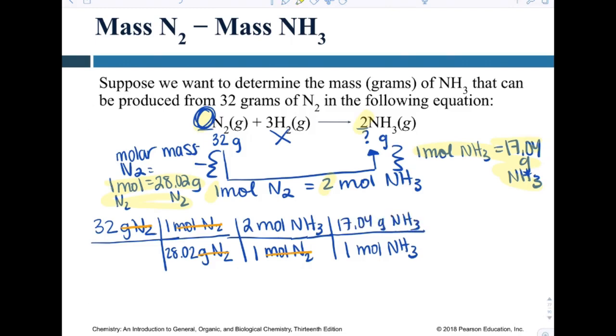Now I know that there's a 2 here, but do not bring that 2 down to your molar mass, because molar mass by definition is just for 1, which is why I was telling you in that earlier slide, I didn't really like how they multiplied this together. You should only be using these coefficients for mole ratios, otherwise you'll get very confused and you'll use more conversions than you need and your answer will be incorrect.